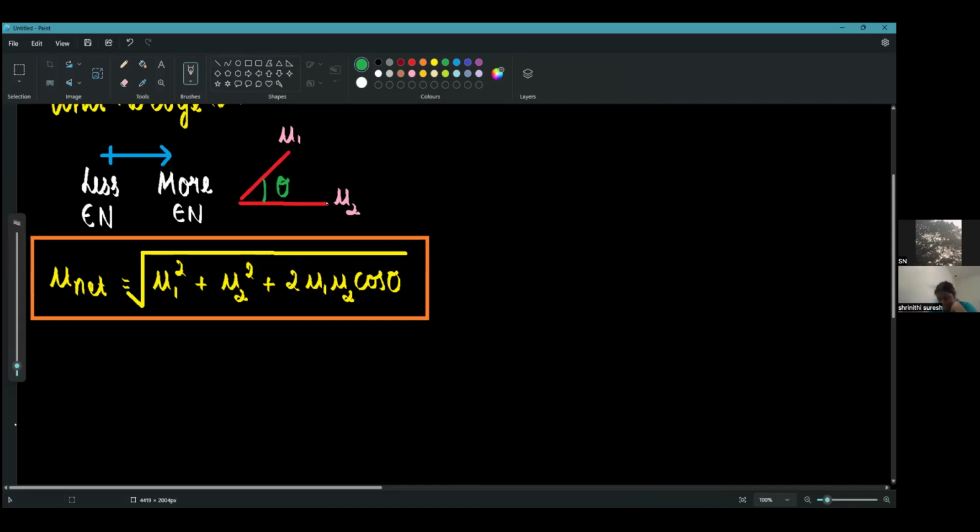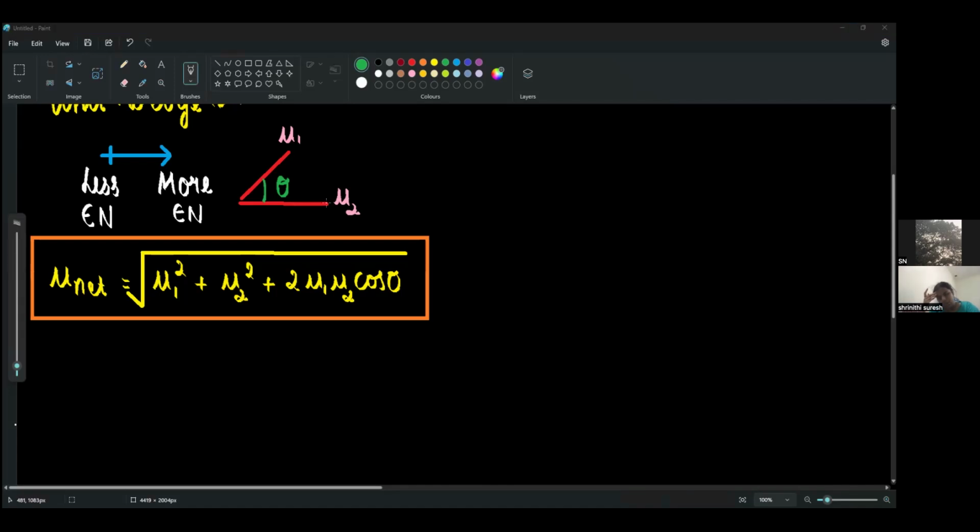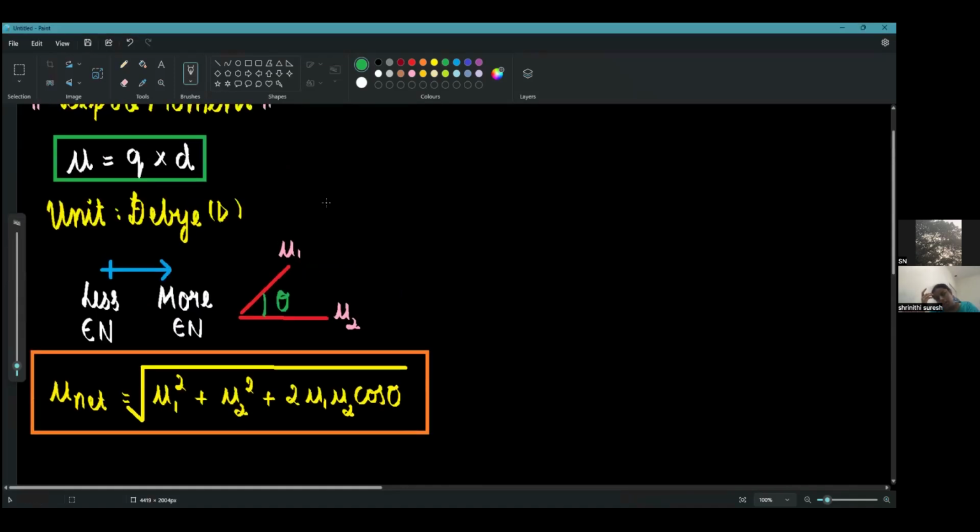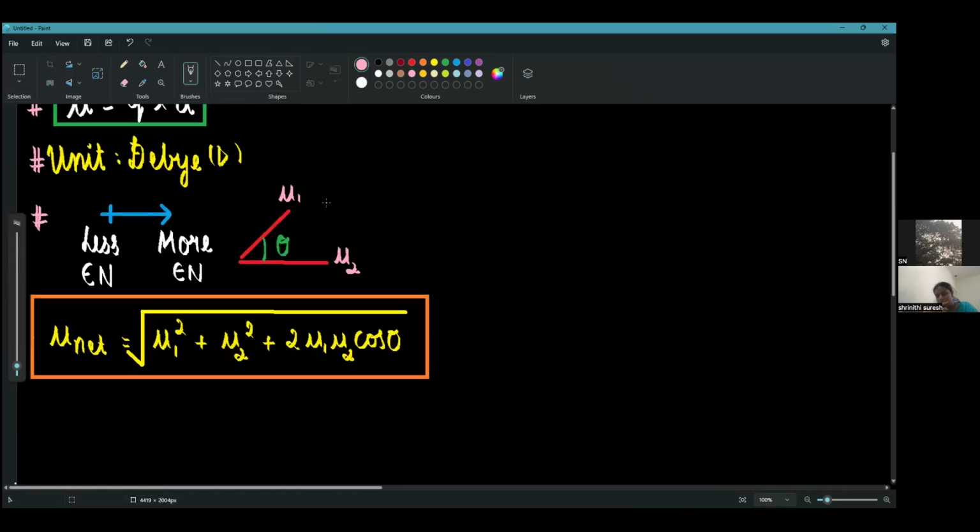Now, can you repeat whatever you have understood regarding dipole moment? Dipole moment shows the qualitative and quantitative analysis of the ionic character of a covalent bond. It is directed towards the more electronegative atom.